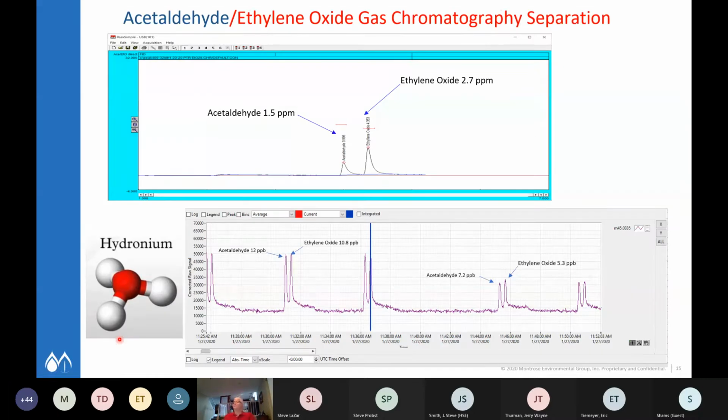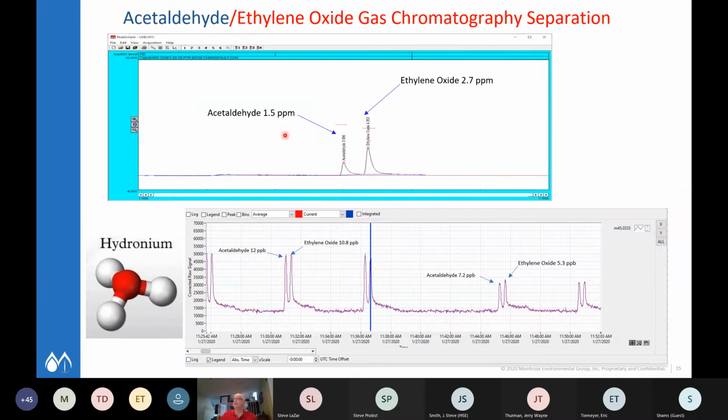So this is what I would call the stack testing way to do this. This is a GC chromatogram up on the top. We have a mixture of acetaldehyde and ethylene oxide. Put them down a proprietary GC column, and separate out the acetaldehyde and the ethylene oxide.